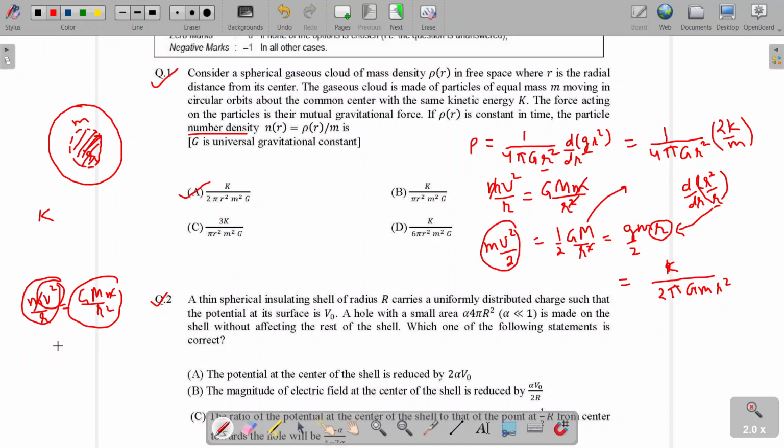So again, you will be able to get the same thing, and then you will write that mass dM is equal to 4 pi r square dr into rho density. So from here you can find density after differentiating M with respect to r. You can substitute that here and you'll get the same answer.